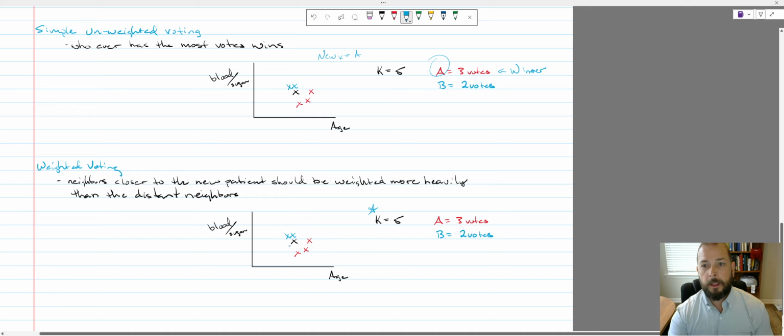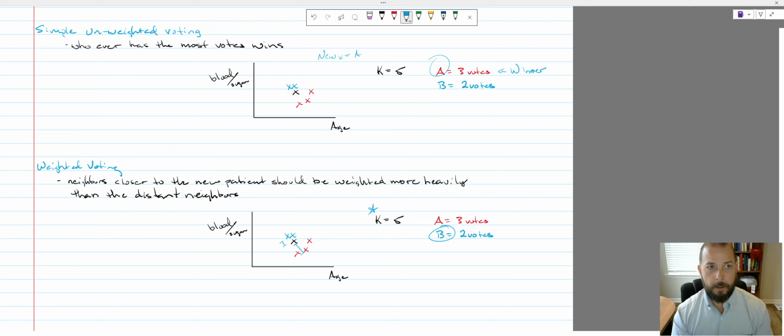The vote tally is still the same: I gave 3 people drug A and 2 people drug B. But in this instance, I'm going to weight drug B heavier because its distance is closer than drug A's. The distance between my new record and drug B is closer than the distance between my new record and drug A. So in this particular case, with weighted voting, I'm going to choose drug B as the drug I would give to my new patient.